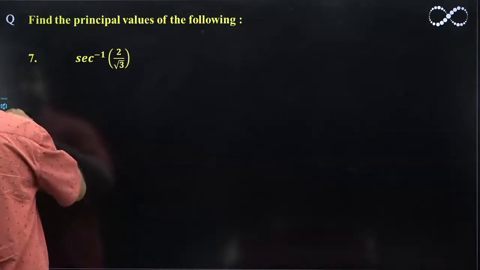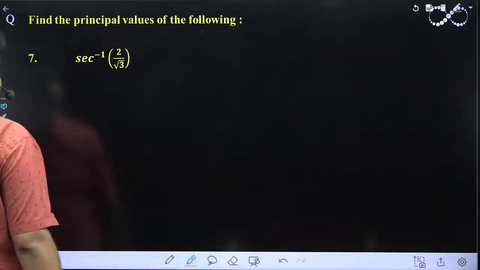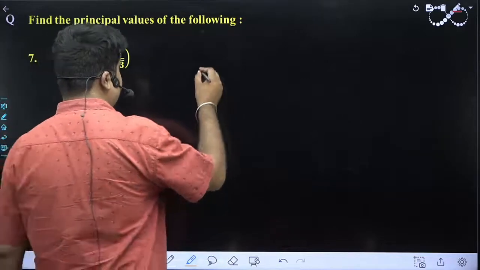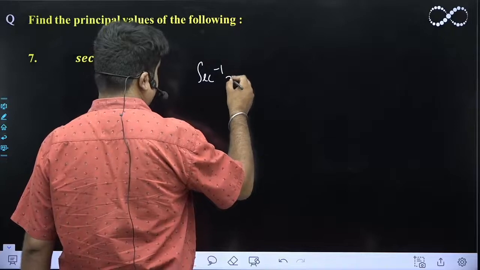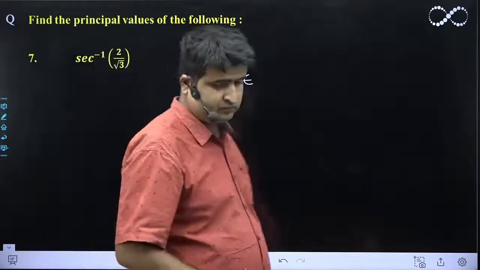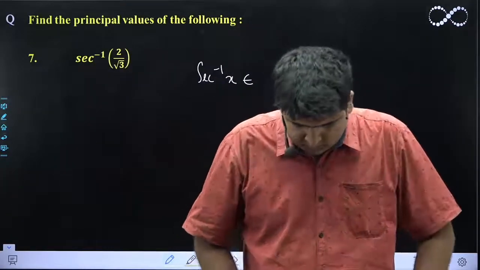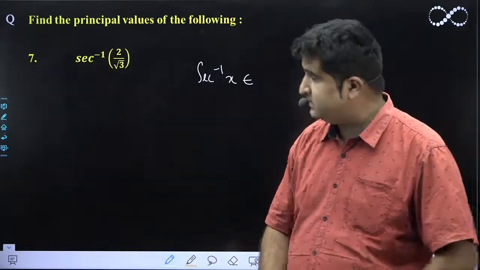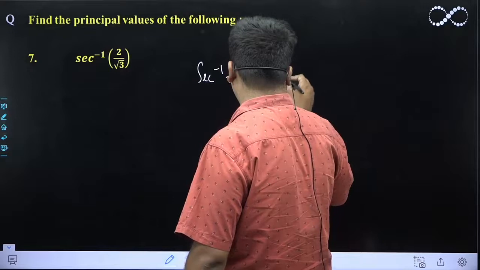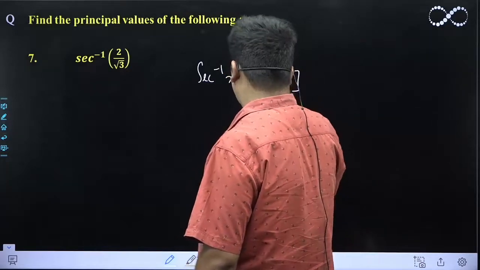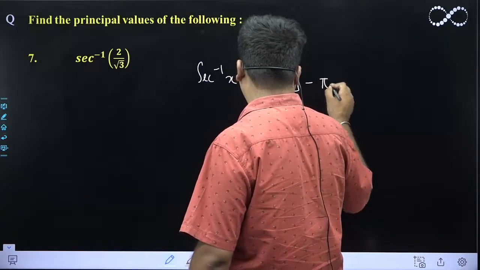So we have secant inverse. So just remember that secant inverse x lies between 0 to pi, minus pi by 2.